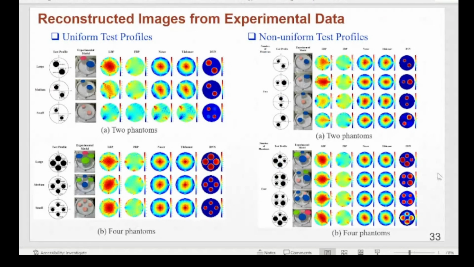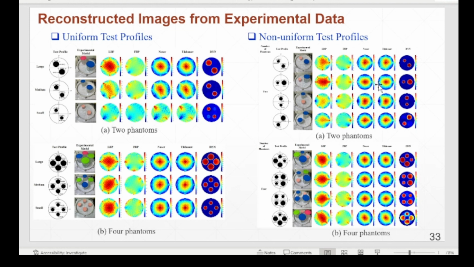So this is the comparison of the reconstructed images from experimental data for uniform and non-uniform. We have LBP being the worst, FBP, and also Landweber and Tikhonov. But then we have the DNN on the left-hand side for the uniform test profile with 4 phantoms.